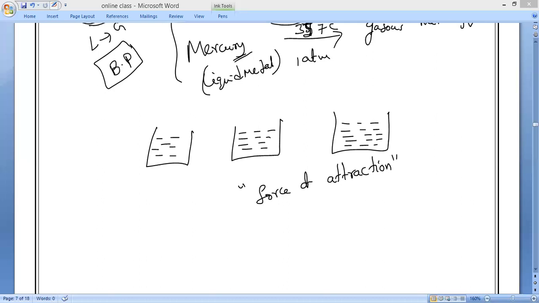What is atmospheric pressure value, guys? 1 atm. Atmospheric pressure is called the boiling point of the liquid.